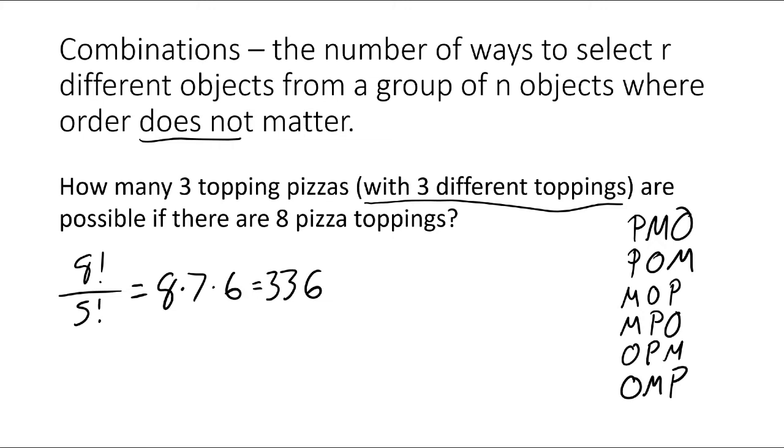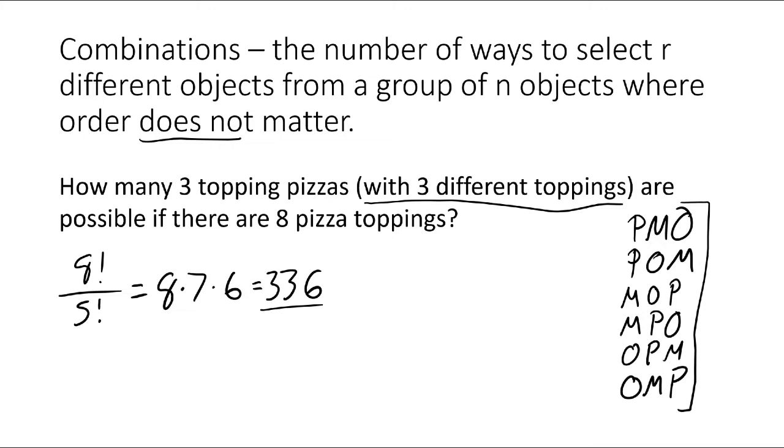But within that 336, for every 6 options, it's really just one pizza, just like our mushroom, pepperoni, and onion pizza. So a pizza with pepperoni, onion, and mushroom is listed 6 times within this 336. Now, we don't really want that because that's not 6 different pizzas. That's one pizza that we can read in 6 different ways.